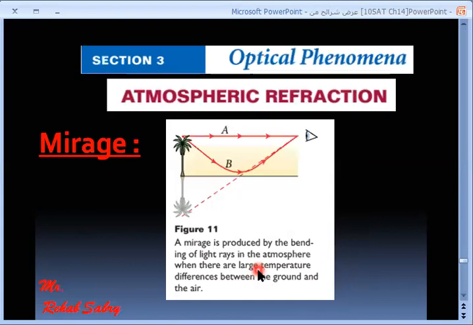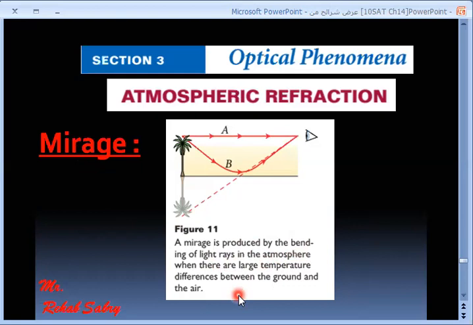Now, inshallah, we will talk about the second optical phenomenon, which is atmospheric refraction. Atmospheric refraction is responsible for the image of the mirage. The mirage is a phenomenon produced by the bending of light rays in the atmosphere when there are large temperature differences between the ground and the air.